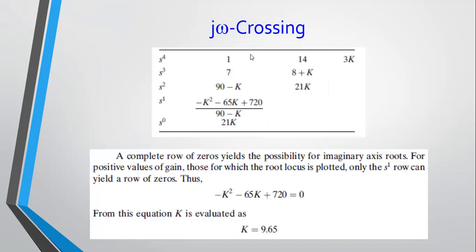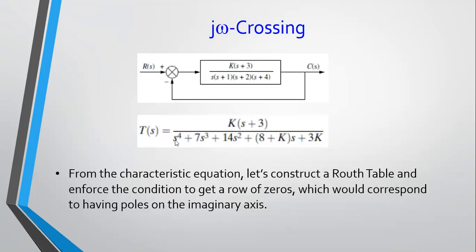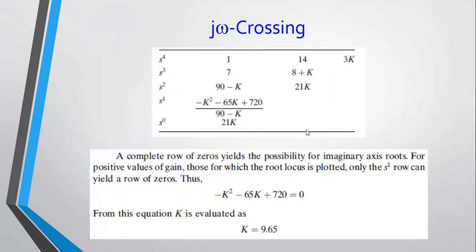If you do that, for the s^4 row you have 1, 14, and 3k. For the s^3 row now, you have 7 and 8 plus k. Wherever you have blanks here are simply zeros. If you work it out using the method we've done, you take 7 times 14 minus 1 times (8 plus k), divided by 7, so you can clear out the denominator and so on, and you're going to get these results.